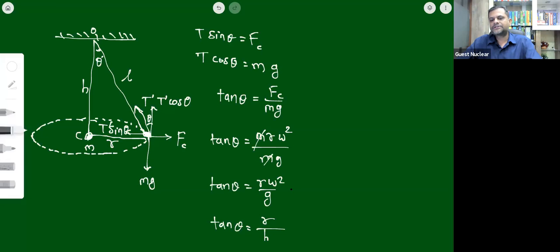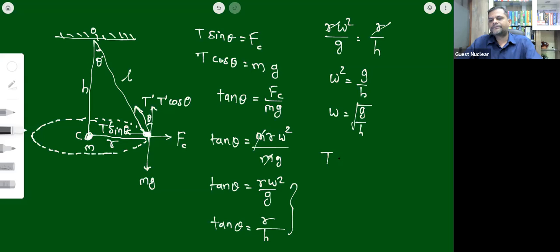If we equate both of these values of tan theta, then we get r omega square upon g equal to r by h, and hence r gets cancelled from both sides, and we get omega square equal to g by h, and hence omega becomes root of g by h.